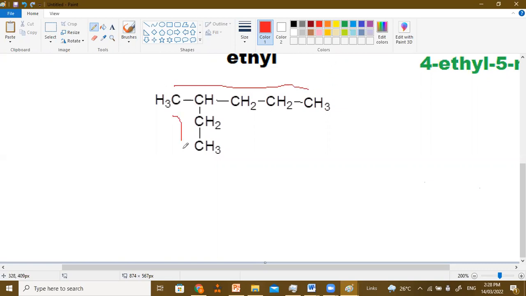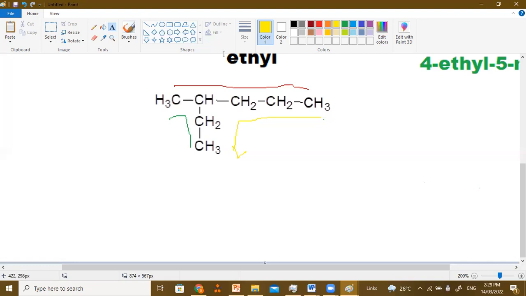Going down, that's 4. In this direction, the yellow one, you have 1, 2, 3, 4, 5, 6, right? So how many? 5, 4, 5, 4, 6. Of course, we choose the longest continuous carbon chain.